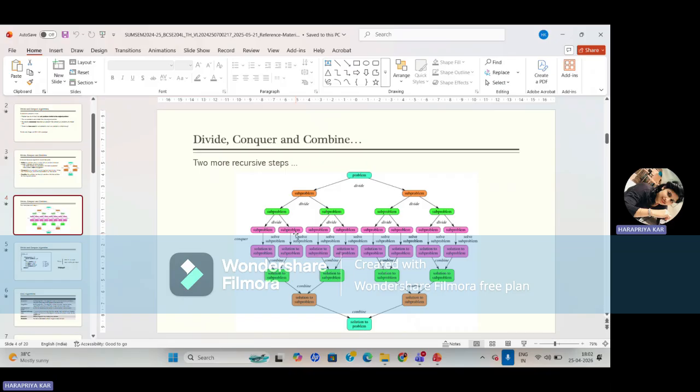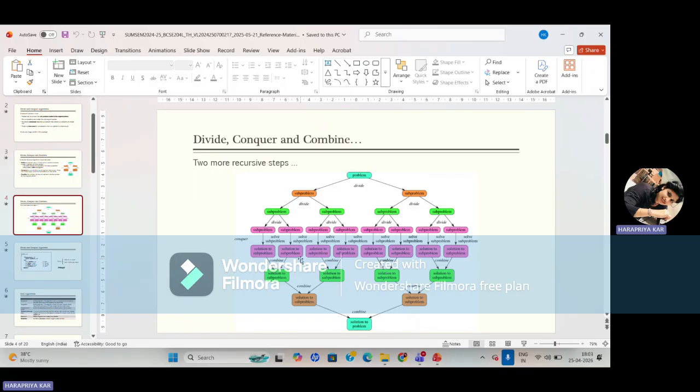Once the smallest size comes, then we have to apply the conquer. That means we solve the sub-problem. The third approach is combine. Once the sub-problem is solved, then only can we combine the solutions to the sub-problems. Once we combine, the next step is the solution to the problem.